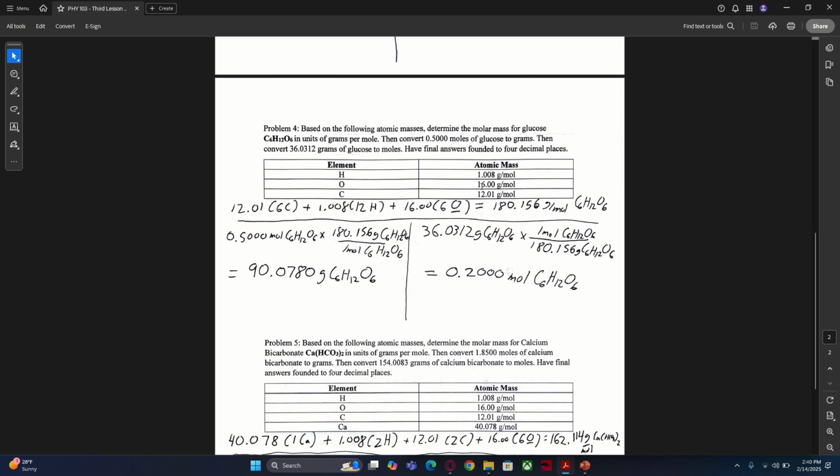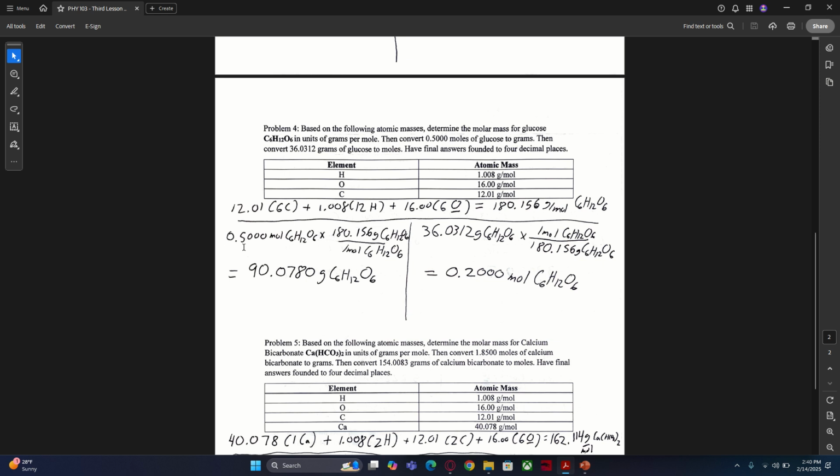The average atomic mass for hydrogen is 1.008, and for oxygen, it's roughly 16. So doing our calculations like before, taking the atomic mass of each element times the number of times that element shows up in our formula, and then adding up all these products together, gets us to 180.156 grams per mole for glucose.